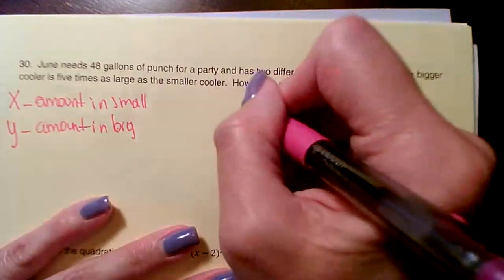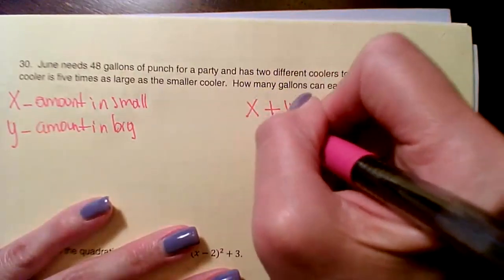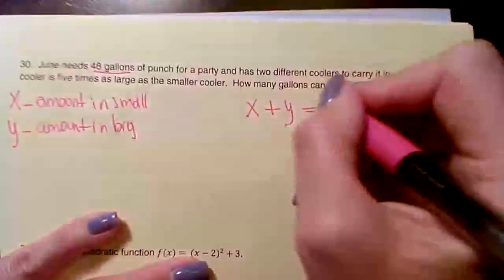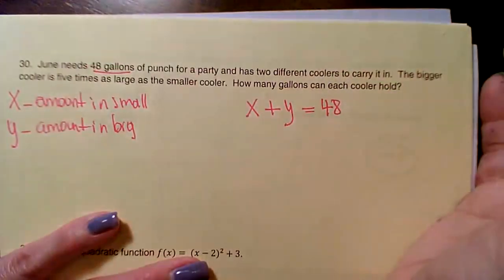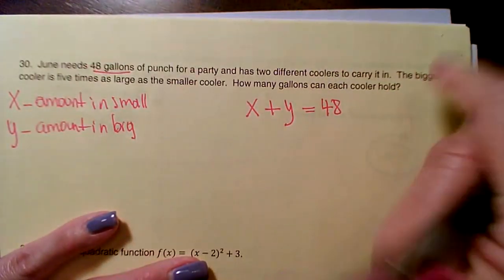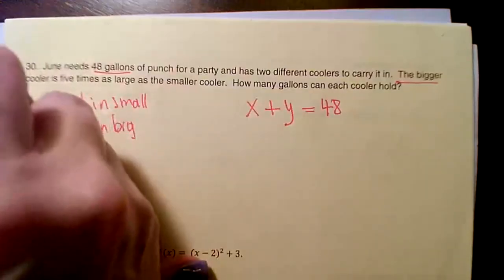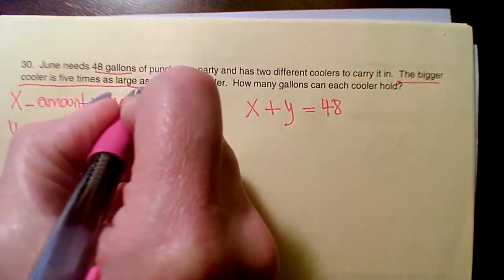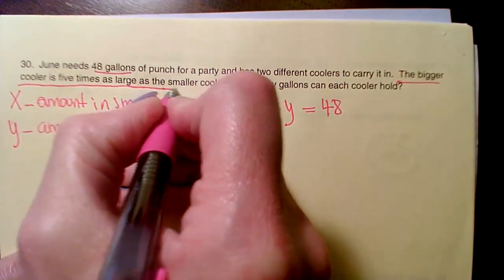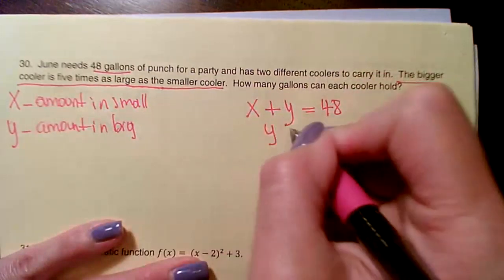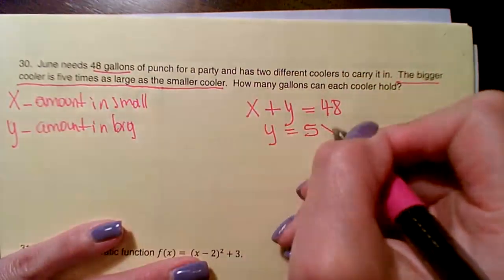Again, we have 2 containers and the total is going to be 48 gallons. It says that the bigger container is 5 times as large as the smaller one. The bigger one is 5 times the smaller one.